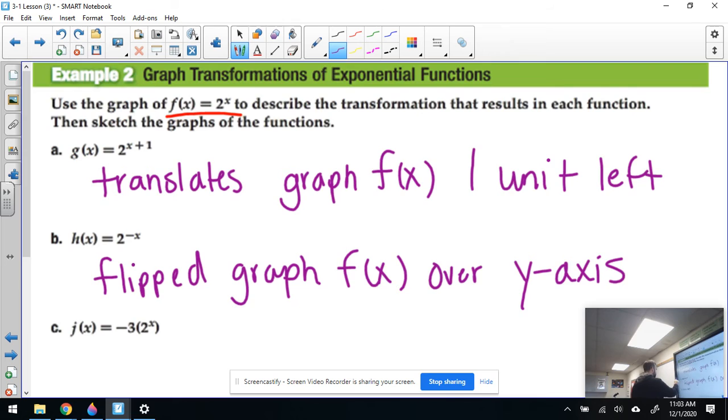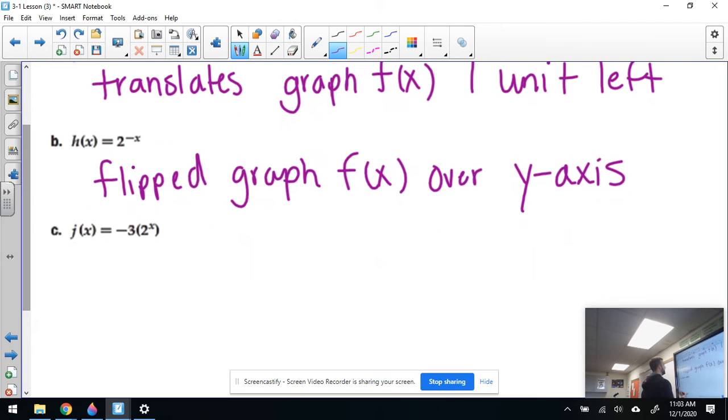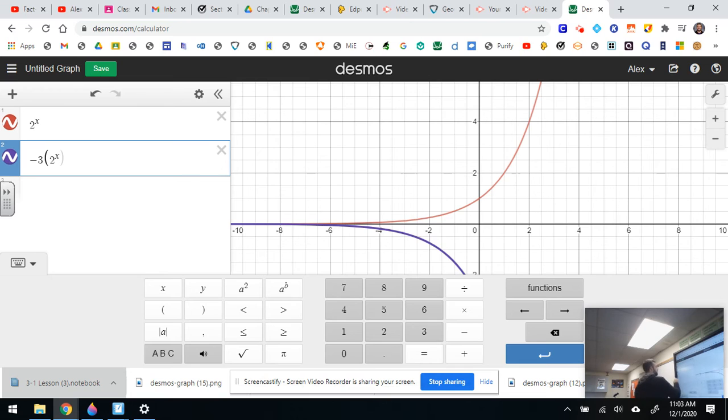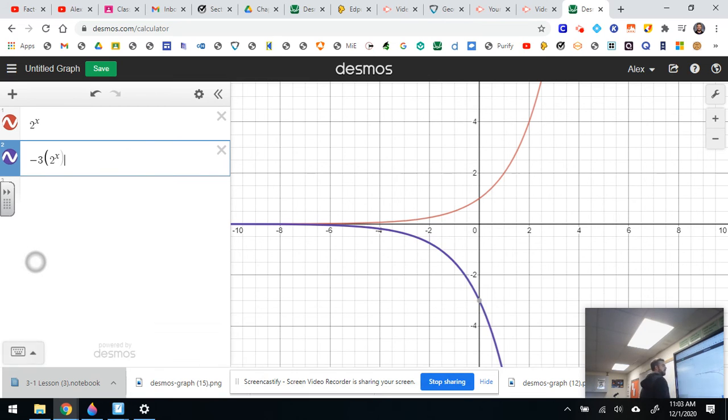All right. Now we're going to look at j, which is negative 3 times 2 to the x. Okay, so let's look at that guy. So we get negative 3 times 2 to the x. So what did that do? Okay, well, looking at this guy, what ends up happening is I had my graph.